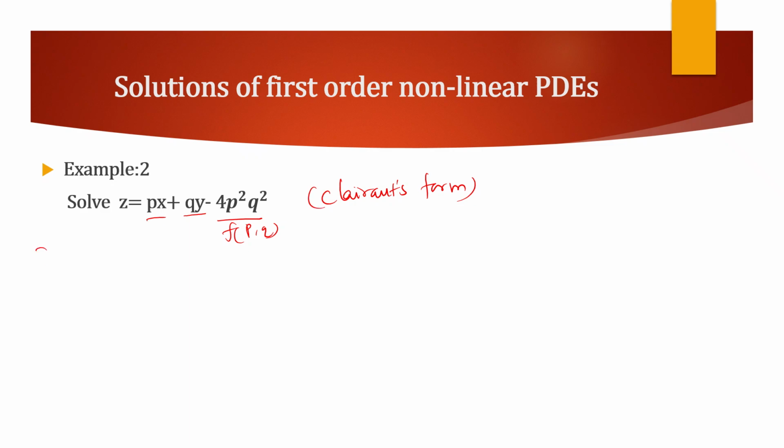So for solving this, we consider our solution as z is equal to ax plus by plus c. And from this assumption we get p is equal to a and q is equal to b.